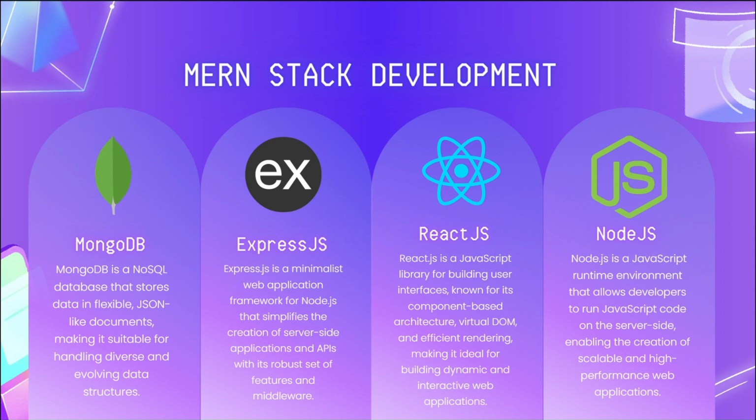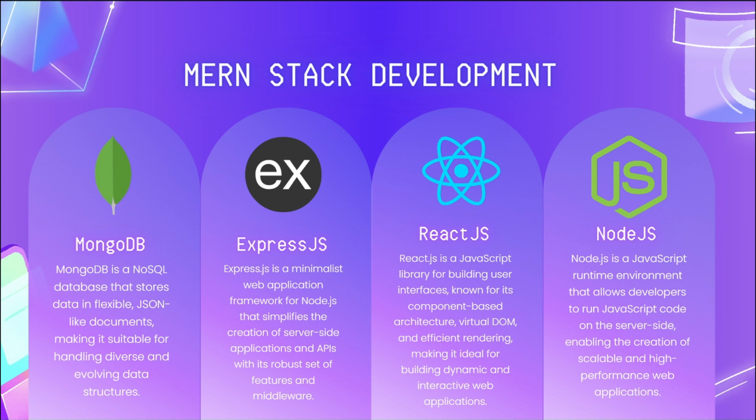And now where the front end comes in is React.js. React.js is a JavaScript library for building user interfaces. Known for its component-based architecture, virtual DOM, and efficient rendering, making it ideal for building dynamic and interactive web applications.